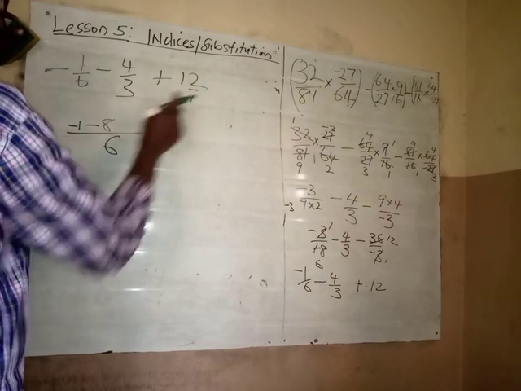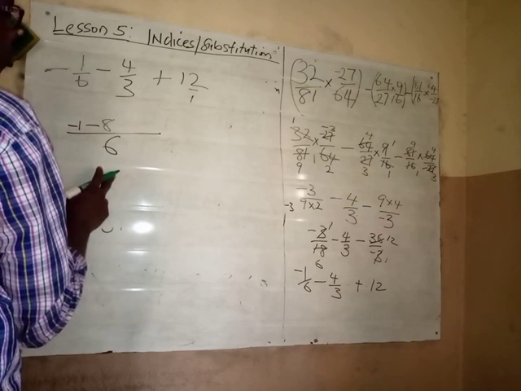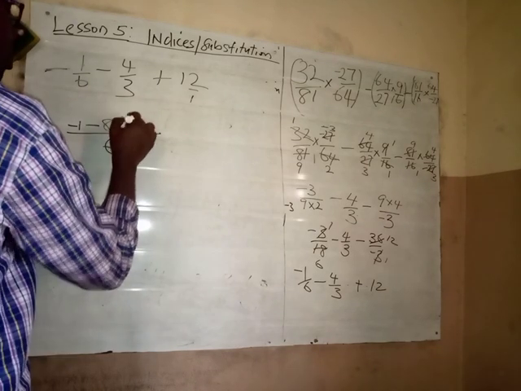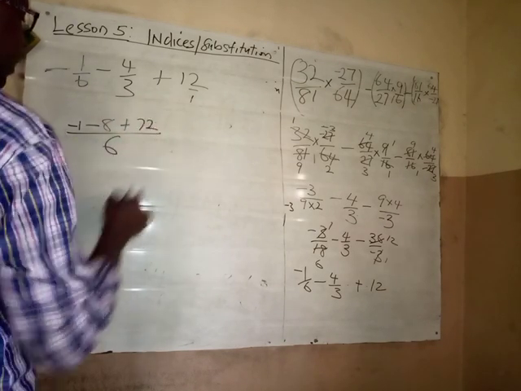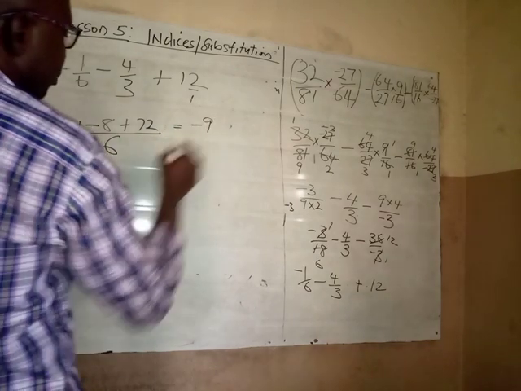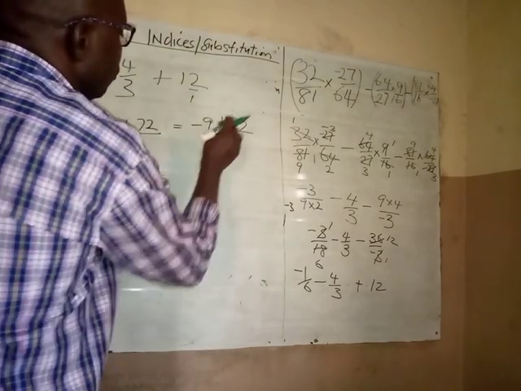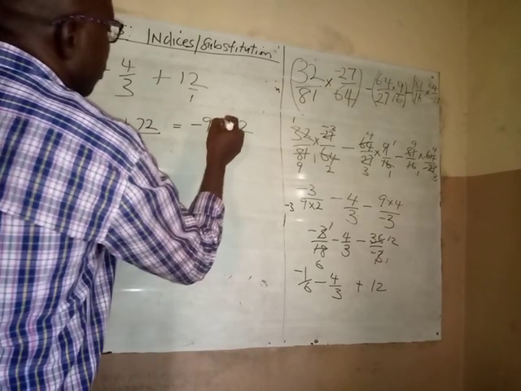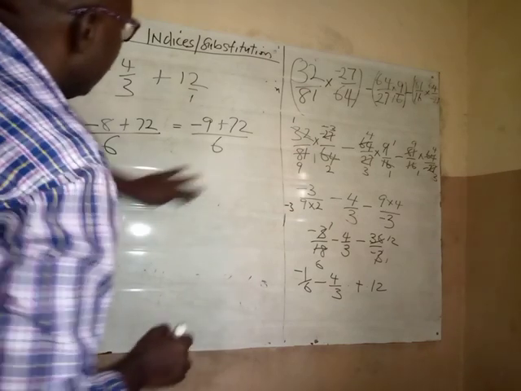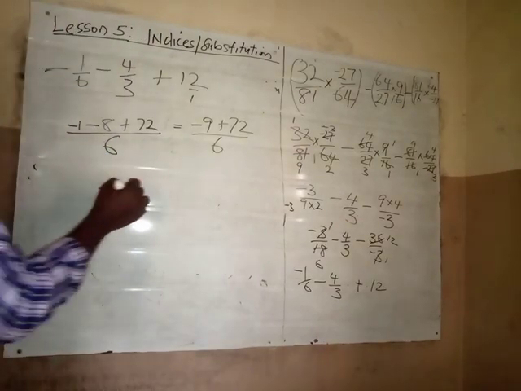Then 6 divided by 1 will give me 6. 6 times plus 12 will give me plus 72. So by the time you work it out, you now have minus 9, because minus 1 minus 8 will give minus 9, plus 72, all over 6, which will give me plus 63.